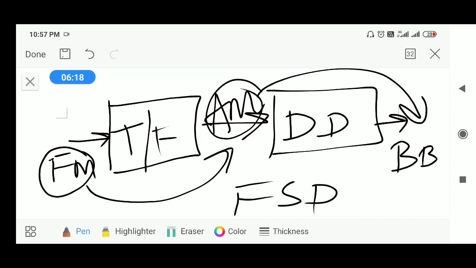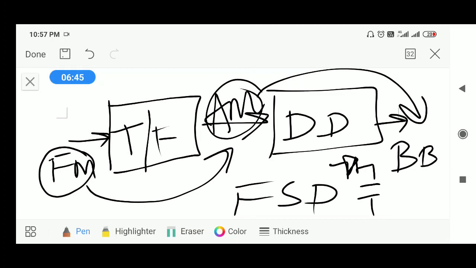Diode detector comprises mainly two important things. One is diode in parallel with a capacitor. Diode removes negative half cycles or other sideband and allows only one sideband, and carrier bypasses. Capacitor bypasses carrier frequency to the ground and allows low frequency signal towards output. In this way the diode detector will work.